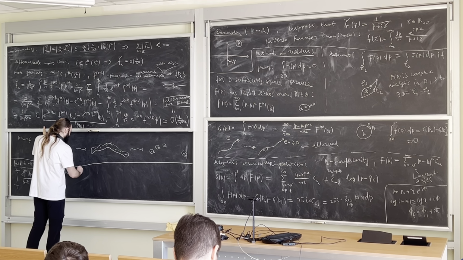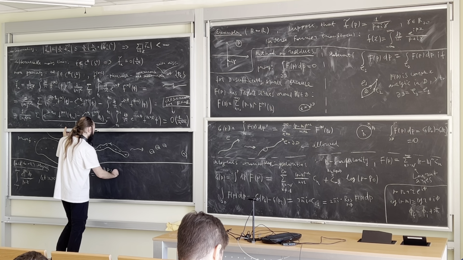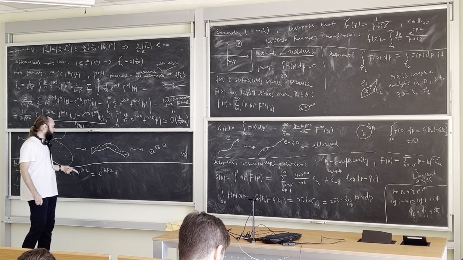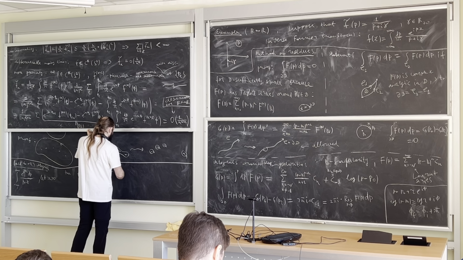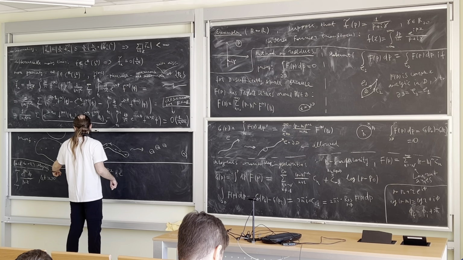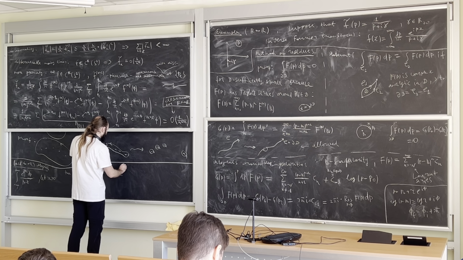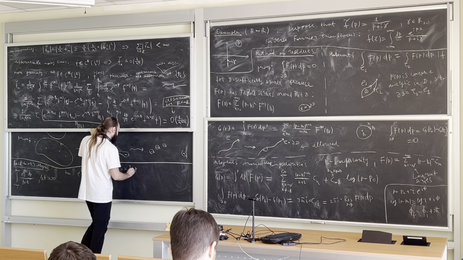It can be written as e to the i real part of p times x, times e to the minus x times the imaginary part of p.